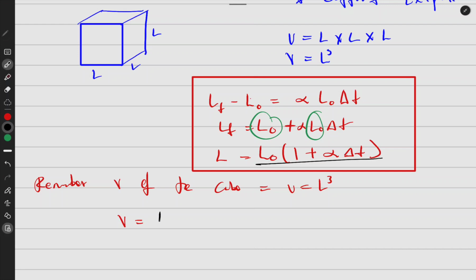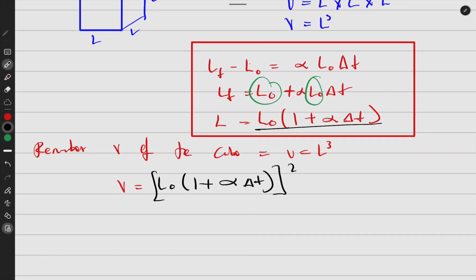For the length we use L naught times (1 plus alpha change in temperature), and all of that is cubed, because whatever is here denotes the length. So L naught gets the power 3, and 1 plus alpha change in temperature gets a power 3 too.